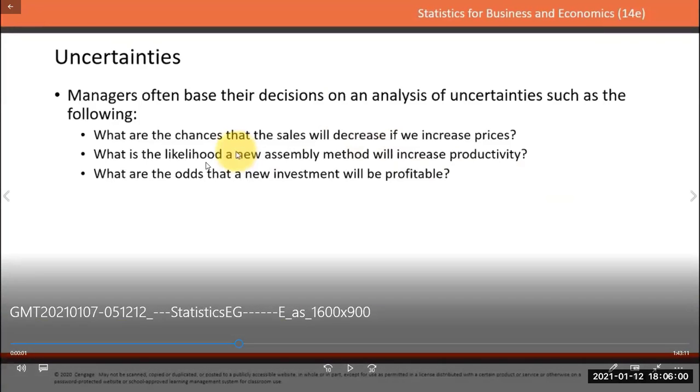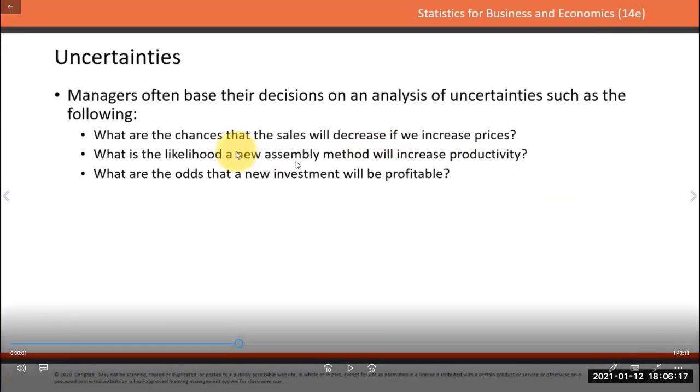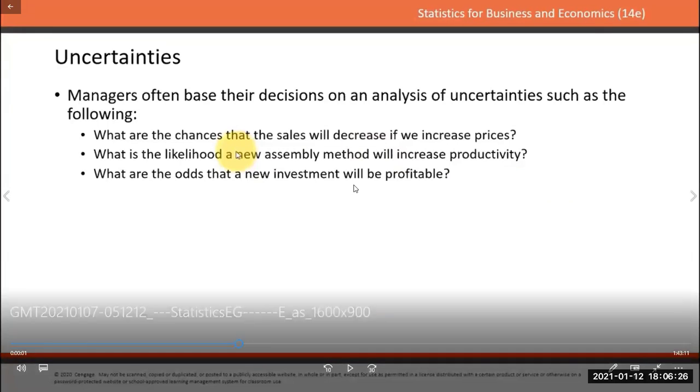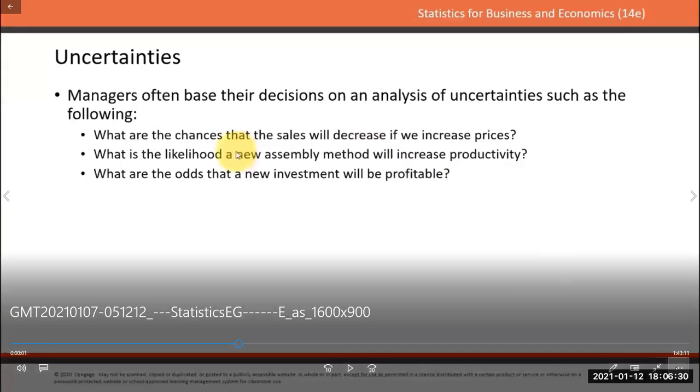Here's a second example. You make a new assembly method, and you're hoping that you're going to improve productivity. You don't know if it's going to improve or not, so there's also uncertainty there, and that brings in the concept of probability. Or if you make an investment, you don't know if it's going to be a good investment or a bad one, and probability can also be used there.